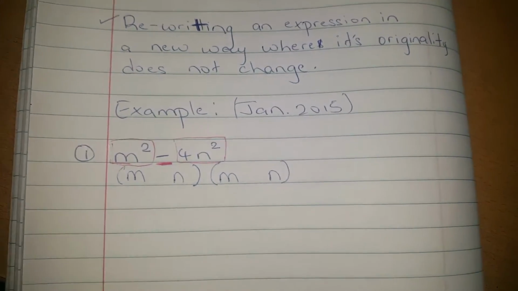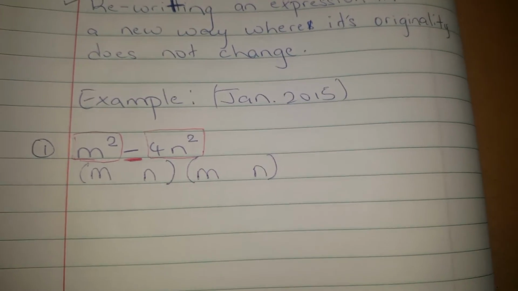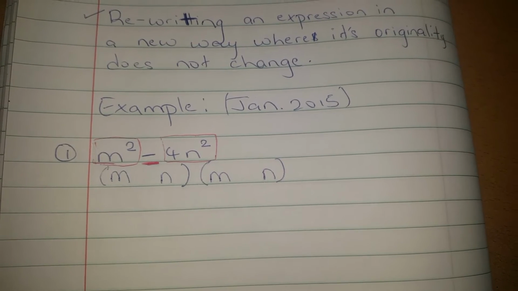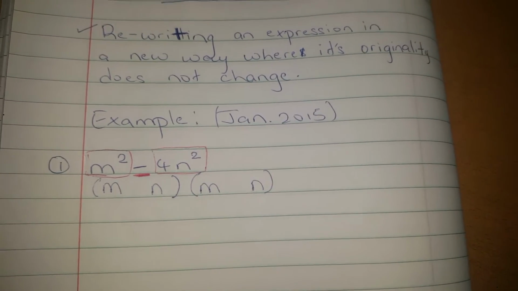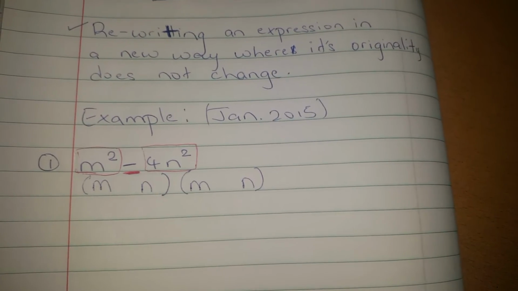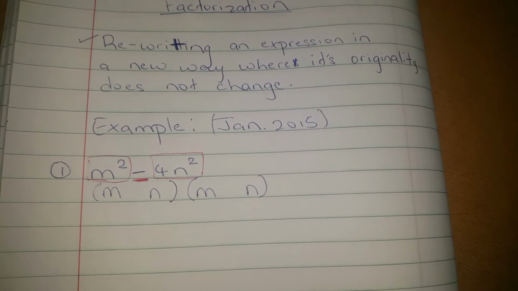The next step, look if there is any coefficient greater than 1 on any of the variables. Let me know in the comments. So n has a coefficient of 4. So you know what that means? We're going to have to use that number.